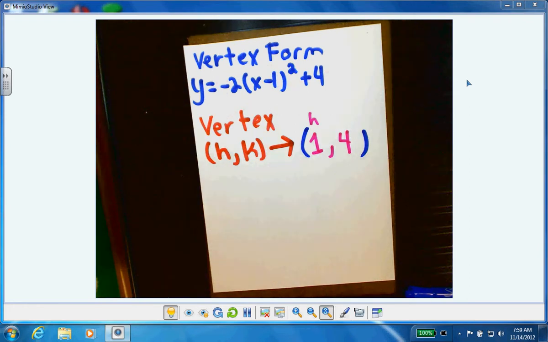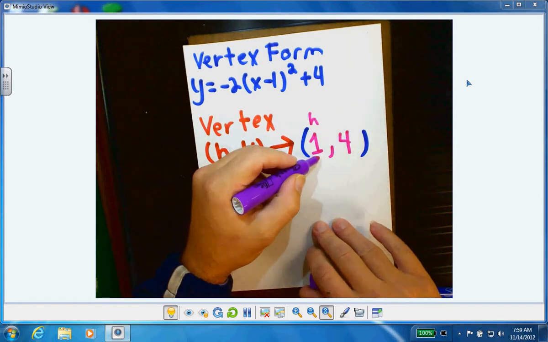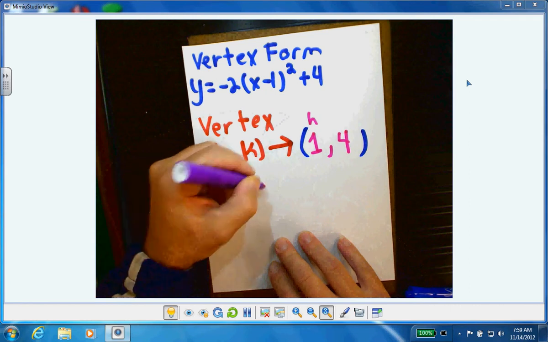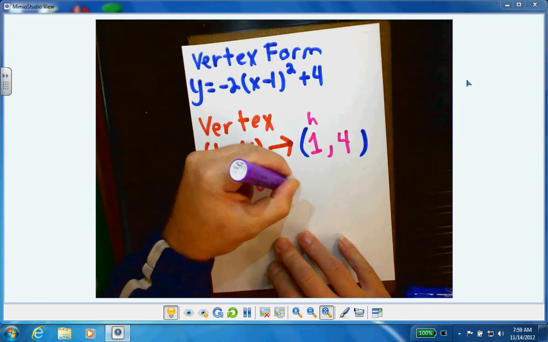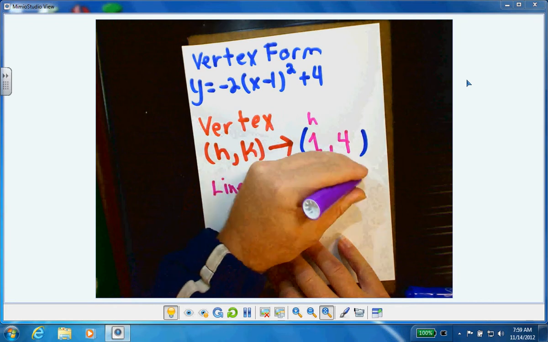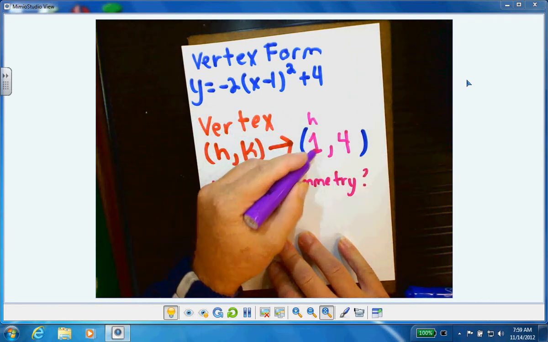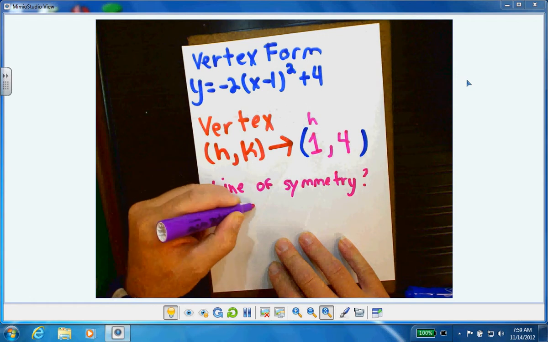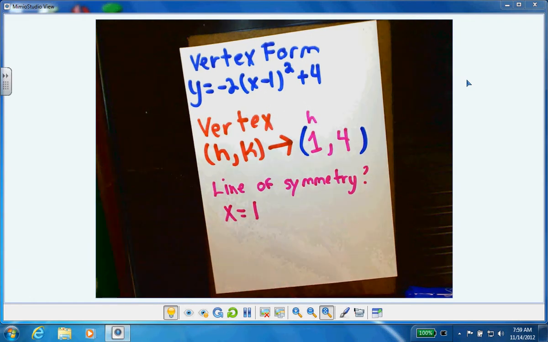Now, the line of symmetry is whatever this number is right here, so the line of symmetry is equal to the h. Once you find your vertex, look at the x-coordinate of your vertex. The line of symmetry is x equals 1. Now, which way did the parabola open?